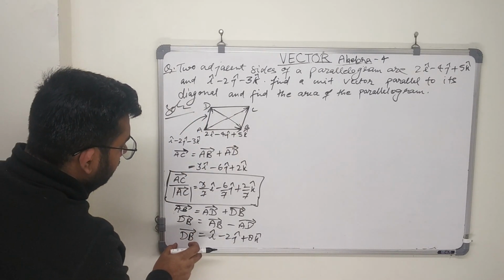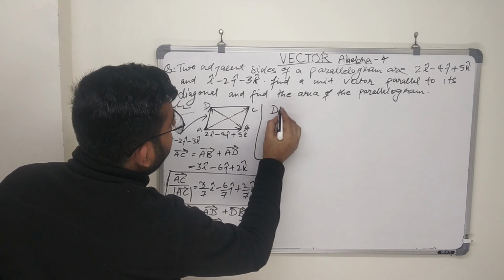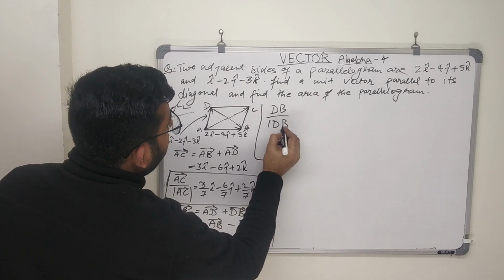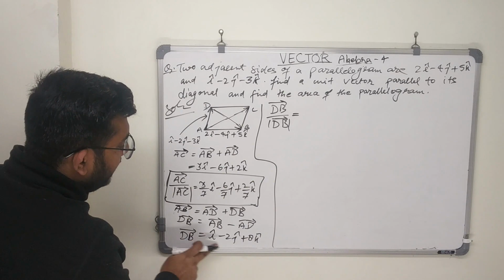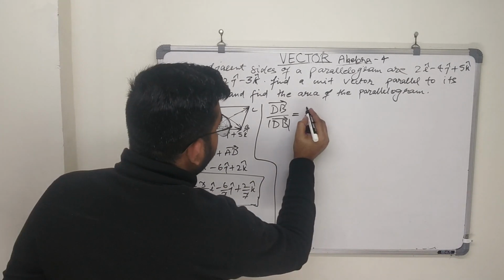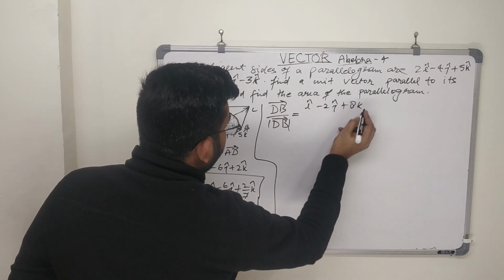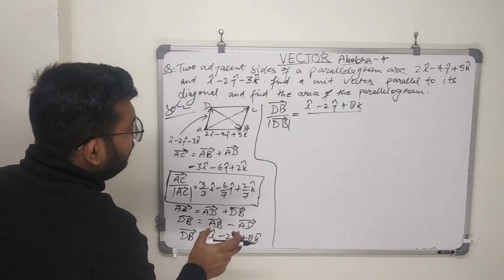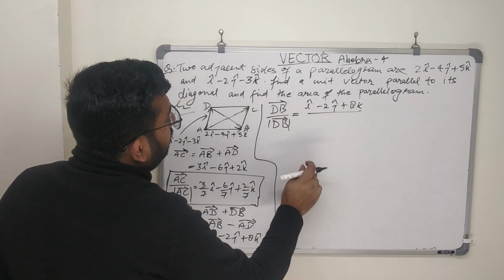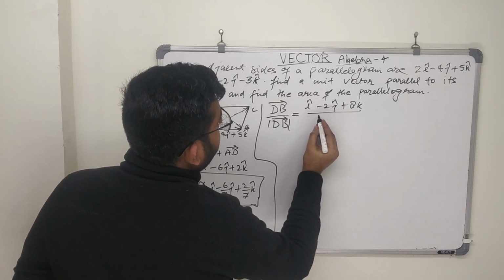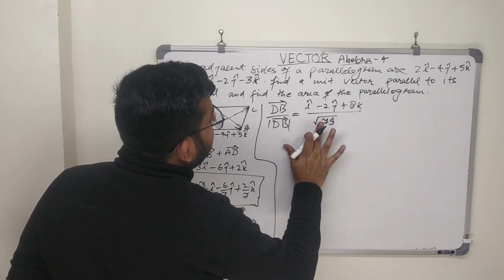Now finding the unit vector along the DB vector, that is DB vector upon magnitude of DB vector. This will be equal to i cap minus 2j cap plus 8k cap upon the magnitude of the same vector, that is equal to under root of 1 plus 4 plus 64, that is equal to under root of 69.